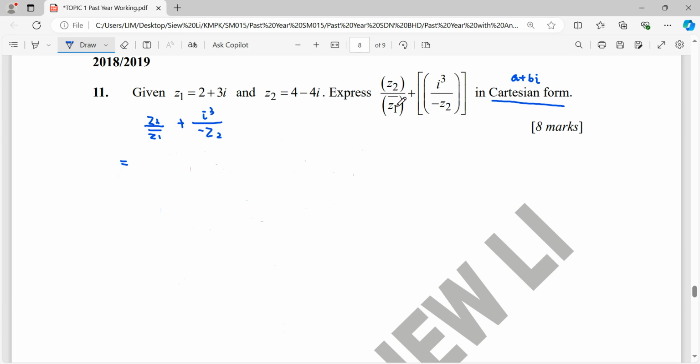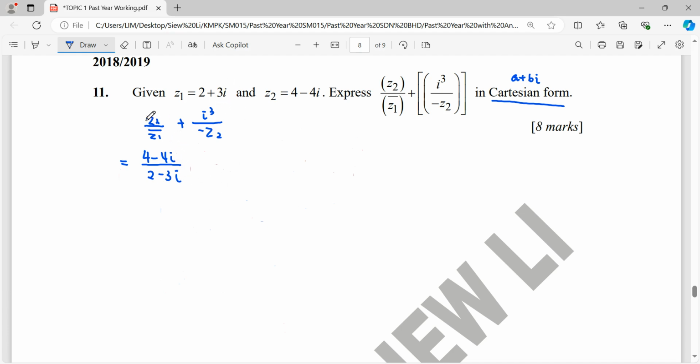So first of all, we plug in the value as z2 is equal to 4 minus 4i. And the denominator here, you can see this is z1 bar, referring to this first complex number in conjugate. So its conjugate will be 2 minus 3i, changing the imaginary part.